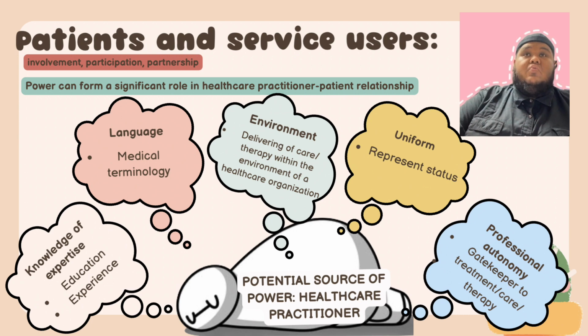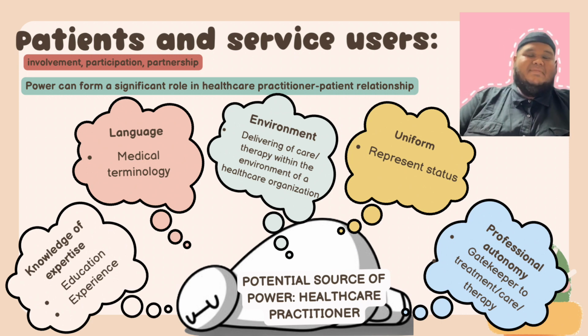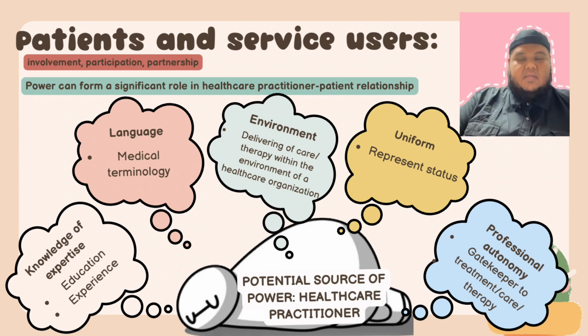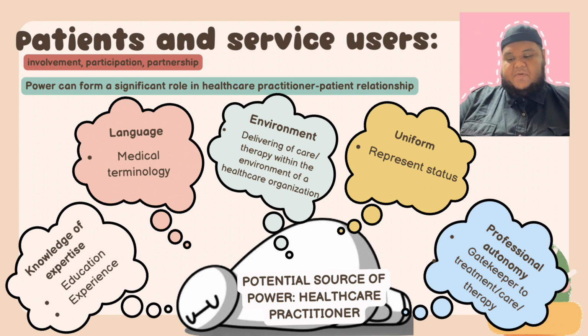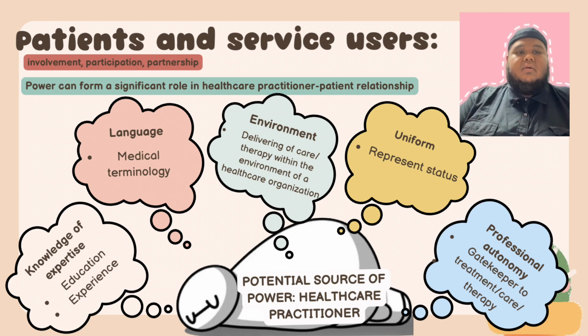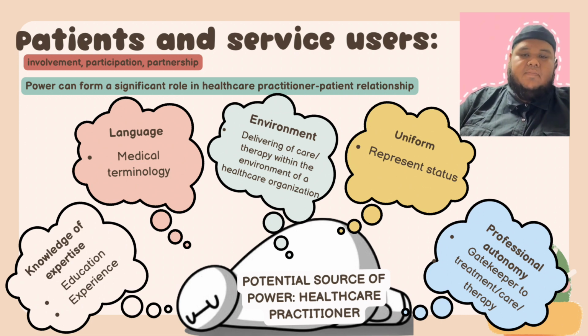So we have confidence that we're being consulted by a doctor. Lastly, professional autonomy, gatekeeper to treatment, care and therapy, such as the doctor, the therapist, the specialist, like that. So these are the powers of the healthcare practitioner.